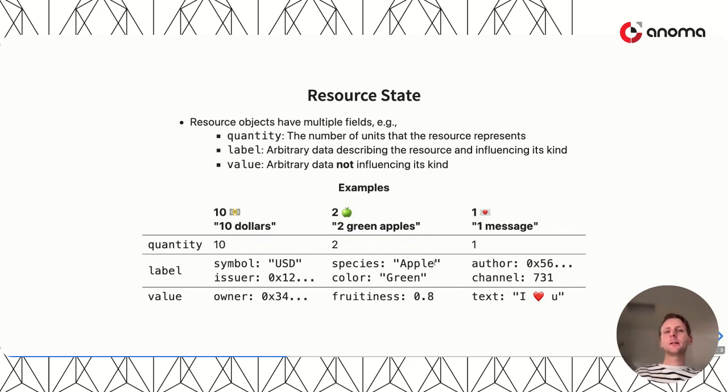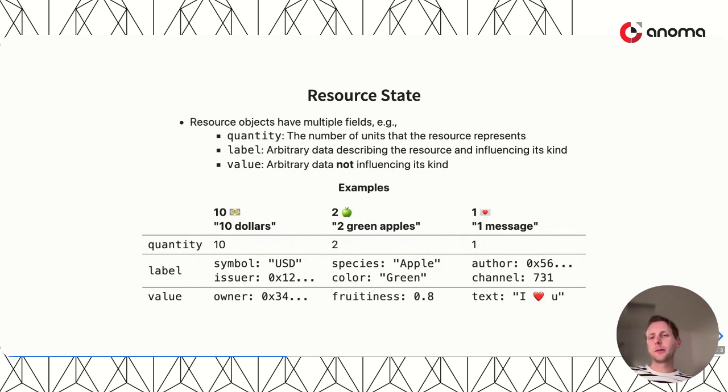So these influence the kind of a resource, whereas the value can also contain arbitrary data, but is not influencing the kind. For example, a dollar resource will have an owner that is allowed to spend it. And the owner of the dollar doesn't really change what the dollar is about.